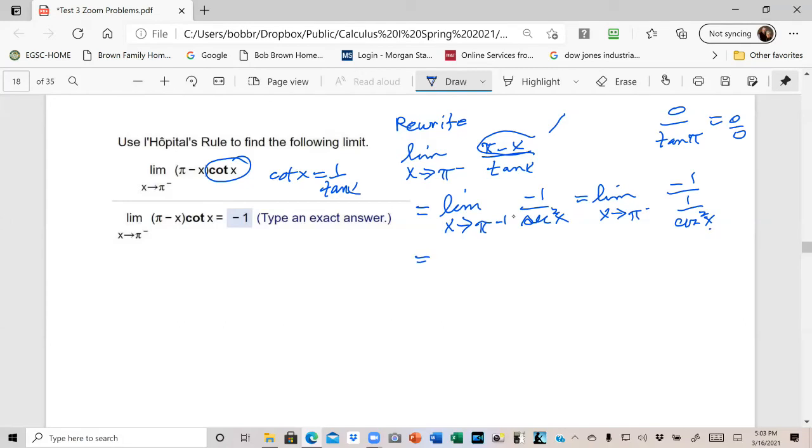So that's equal to the limit as x approaches pi from the left. That's equal to minus cosine squared of x. So that's equal to minus cosine squared of pi. Cosine of pi is minus 1, so that's minus 1 squared, which is minus 1. So the limit is minus 1.